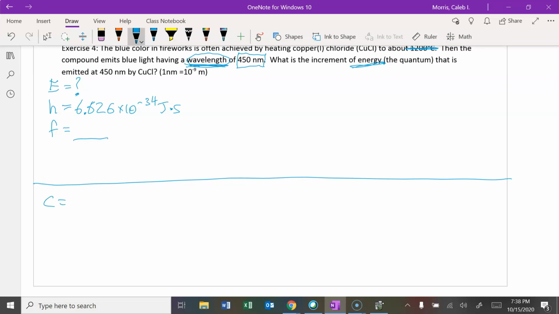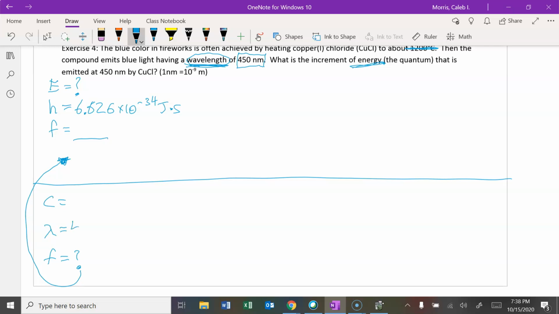c equals wavelength times frequency. Frequency is what I don't know, and whenever I find that, I'm going to put it up there, and then I can solve my problem. My wavelength is given to me.